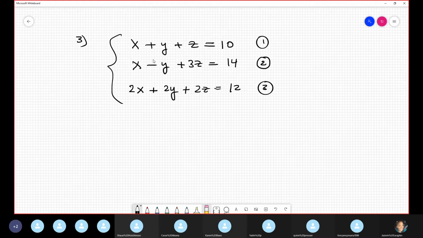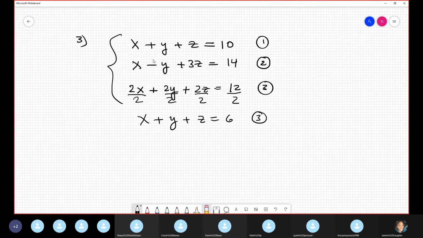Okay. In this case, we can use common sense to understand the equation number 3. If you divide the entire equation number 3 by 2, we have x plus y plus z equals 6.